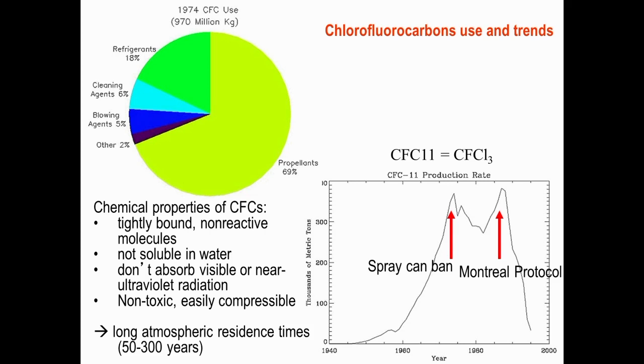What do we use now in spray cans? Well, we use things that are not as safe. We use some HFCs, but sometimes we use things like butane. And these can be flammable.